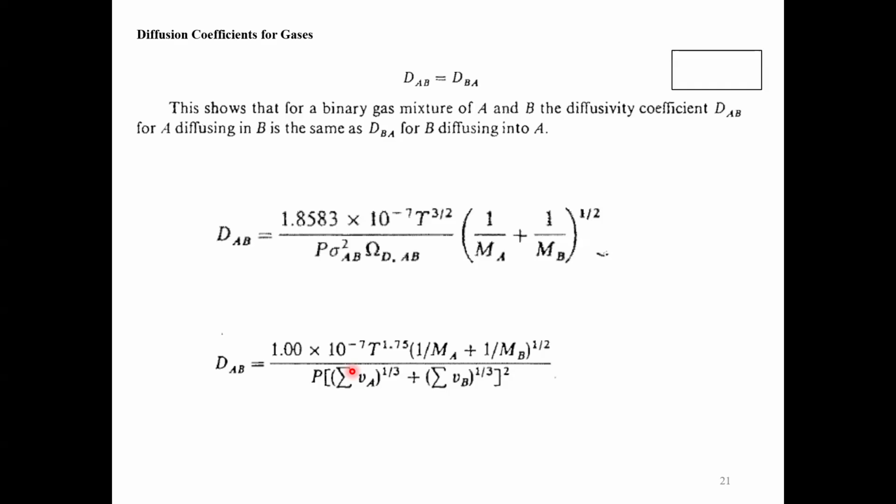But there are example problems in the textbook with which you can practice utilizing these formulas to go over diffusivity calculations. And if you know DAB, and that it is a binary gas mixture but not a multi-component mixture, there is a derivation that says DAB is equal to DBA, that is, diffusivity of A in B. If you want to know diffusivity of B in A, they are both equal.